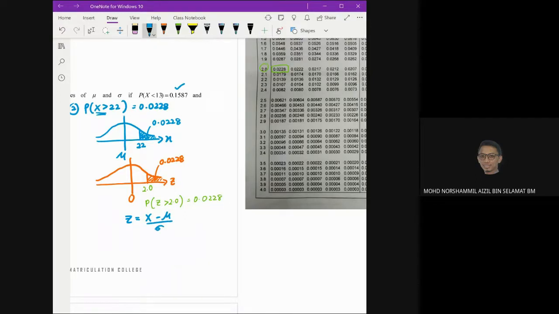Z dia apa? 2.0 kan? 2.0 ataupun 2 saja cukup lah. Corresponding X 22. 22 minus mu is the one that we need to obtain together with sigma. So what does it mean, guys? This is equation 1, ataupun ni clue yang kedua, equation 2 lah. Okay. Got the idea tak?